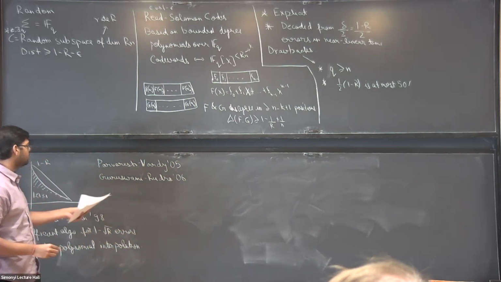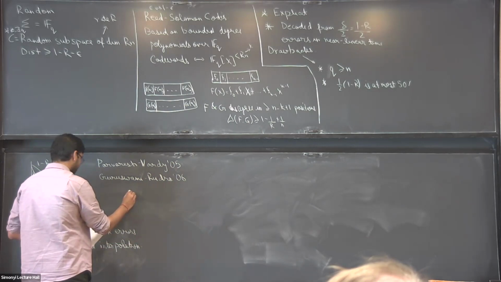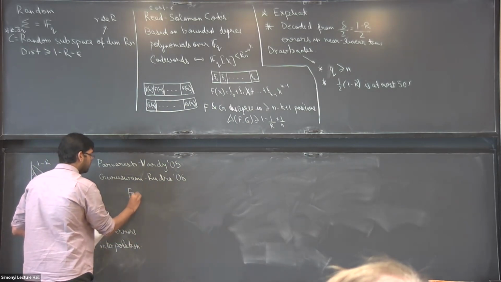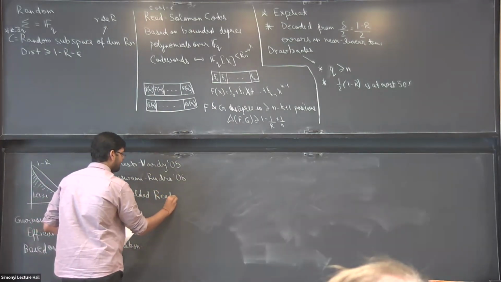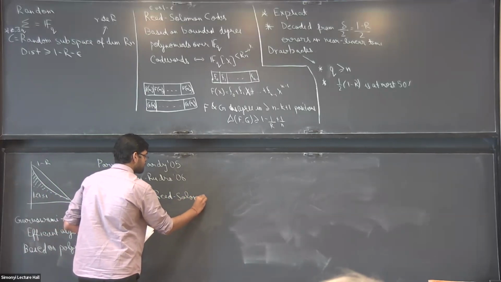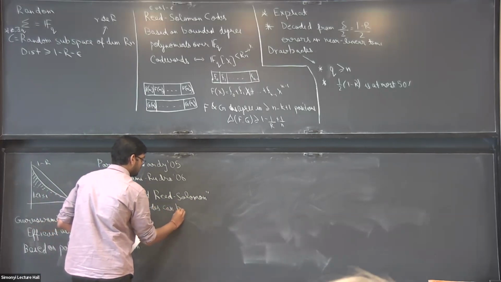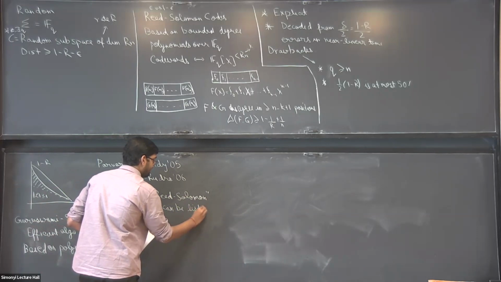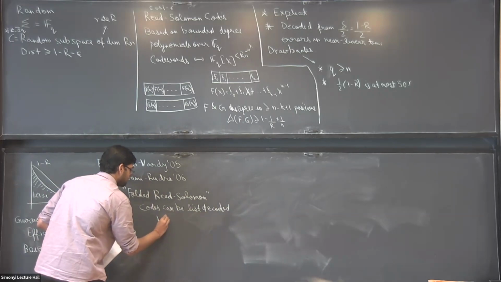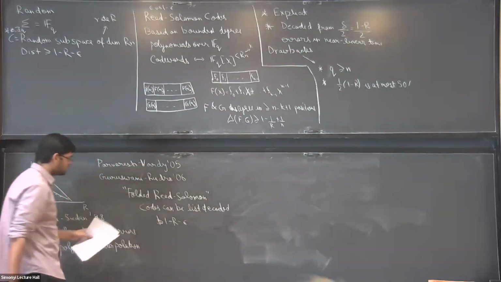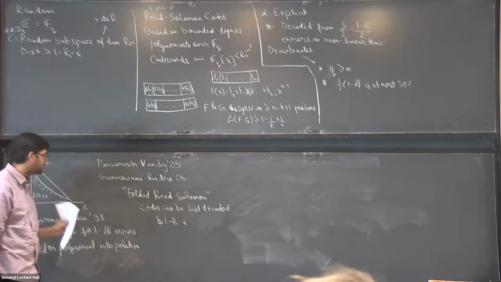Parvaresh-Vardy and Guruswami-Rudra, there were a bunch of results that together showed that something called folded Reed-Solomon codes, if we look at a rate R code from this family of folded Reed-Solomon codes, I'll come back to what these folded Reed-Solomon codes are.